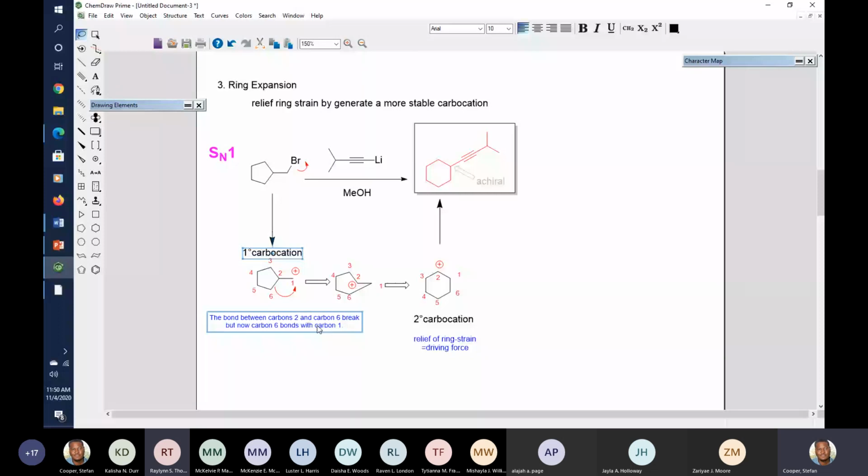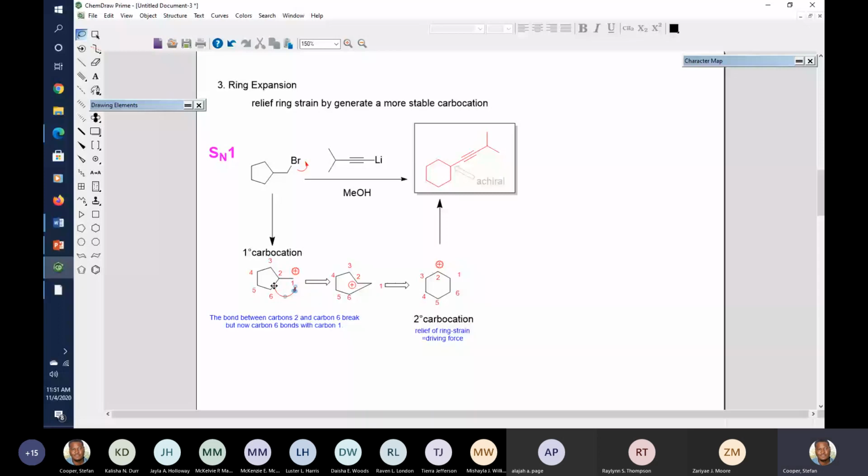Dr. Cooper, go ahead. Yes, ma'am. Real quick, just for the sake of my notes, what exactly caused the bond between 2 and 6 to break? Yeah, because it's next door to a carbon cation. You could have used 2 to 3 or 2 to 6. It doesn't matter. Just one of these two bonds near the carbon cation. Just out of convenience, I used the bottom bond here.